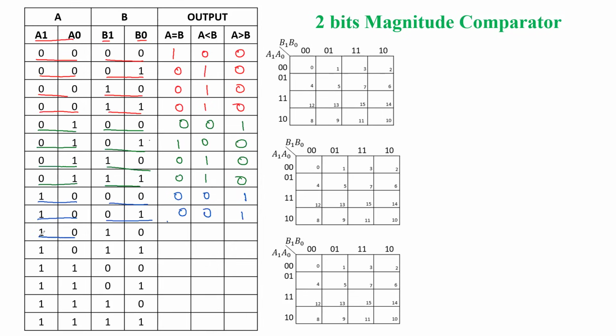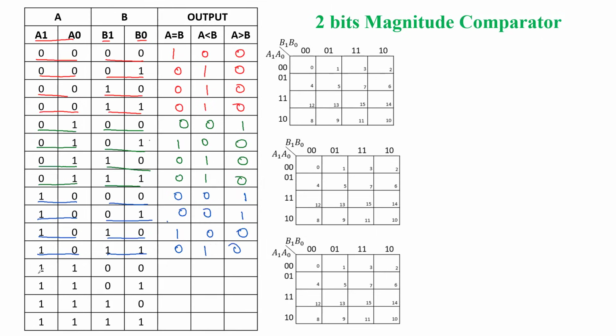Again, A is 2, B is also 2, so it satisfies A equal to B and the remaining are 0, 0. So we have to check when it is equal, greater or less than. Again here A is 2, B is 3, so A is less than B. Remaining are 0.